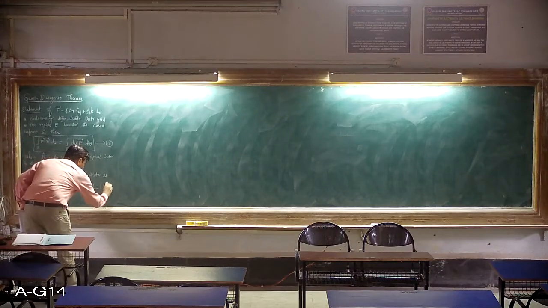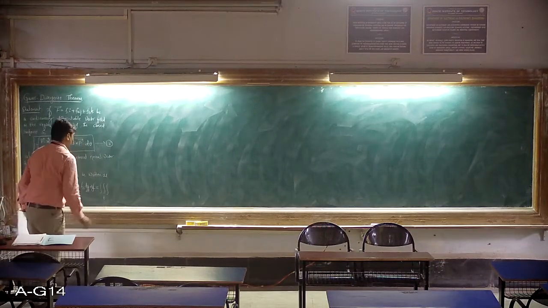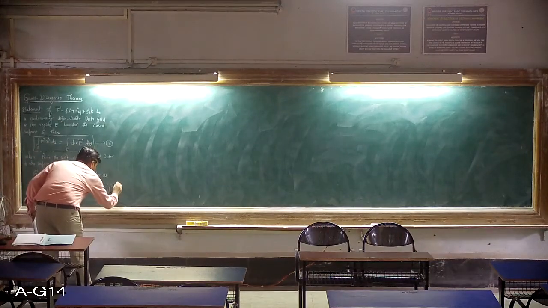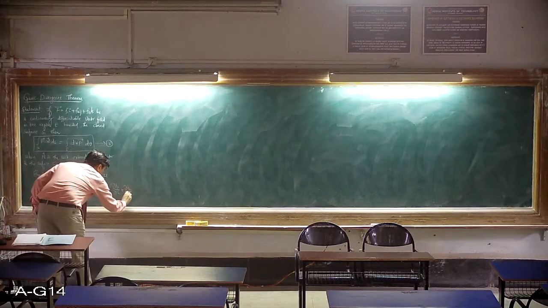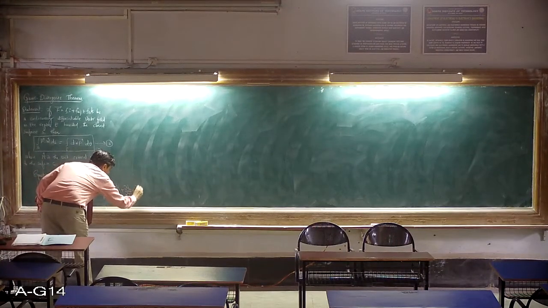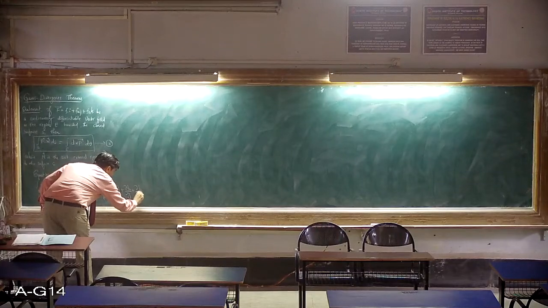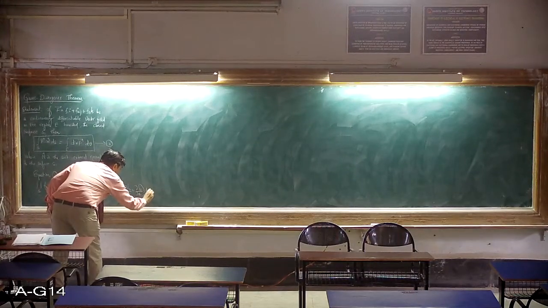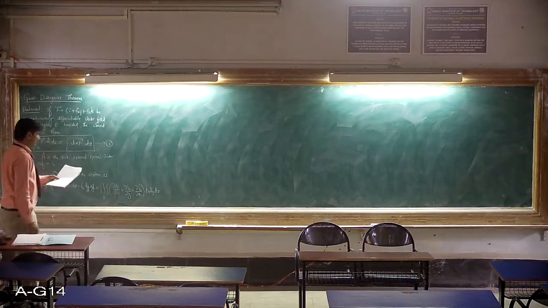That is triple integration over a region E of dou F1 by dou x plus dou F2 by dou y plus dou F3 by dou z, into dx dy dz. So like this also we can write.